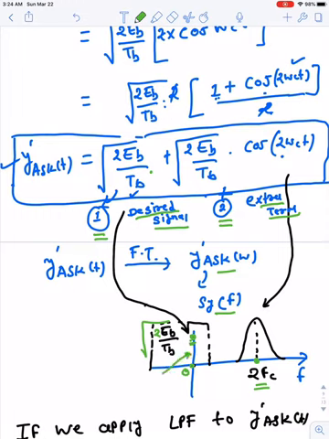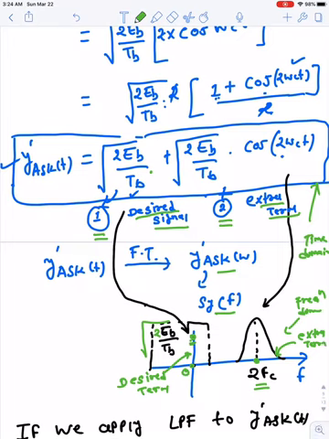This is the desired term. This is the representation in the frequency domain, and this is the representation in the time domain. So this portion is the undesired, or extra, term.